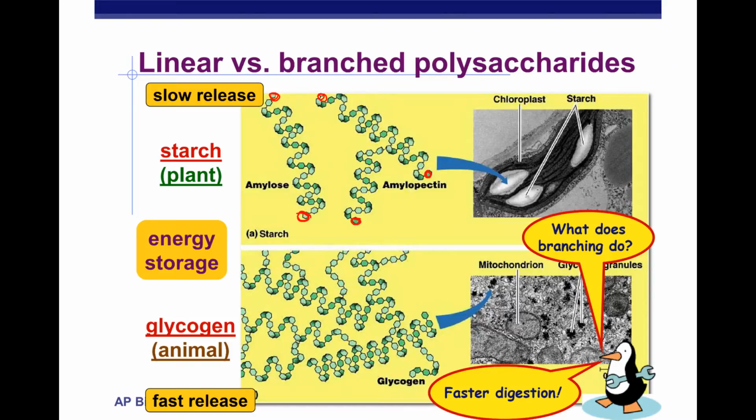So it means that your linear polysaccharides, because they take so long to break their bonds off, it's going to be a slower, more controlled release of energy. Now, if we look at animal polysaccharides, so in the form of glycogen, they're branched. Branched just meaning they have lots of different lines all connecting together. So again, let me see if I can illustrate what I'm talking about.